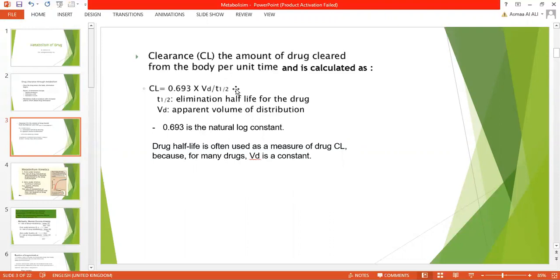And we can calculate the clearance of a drug by using this equation if we know the apparent volume of distribution and the elimination half-life of the drug.